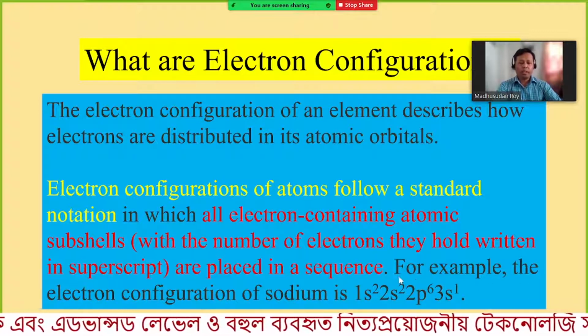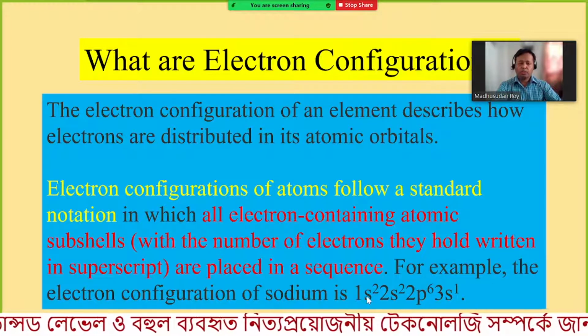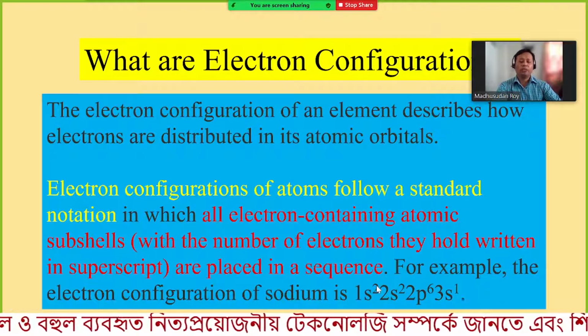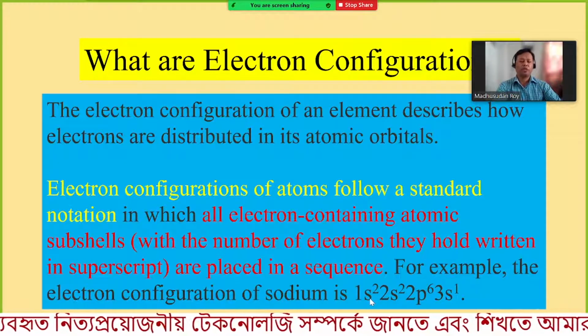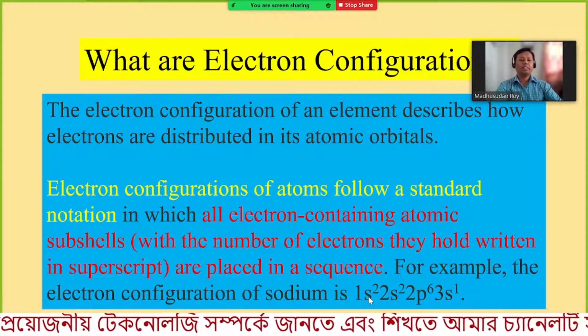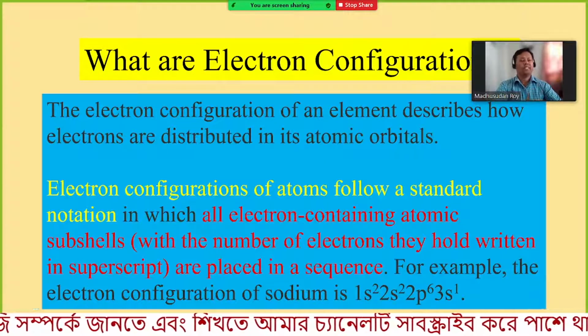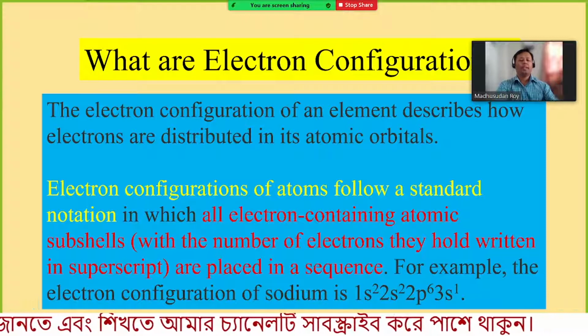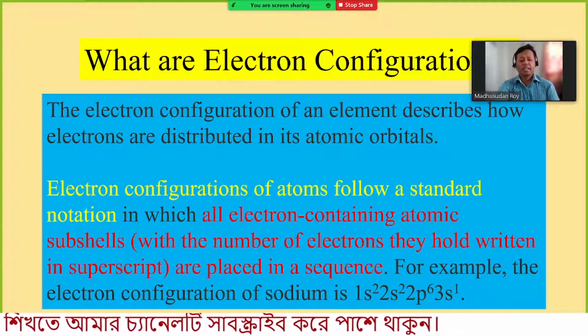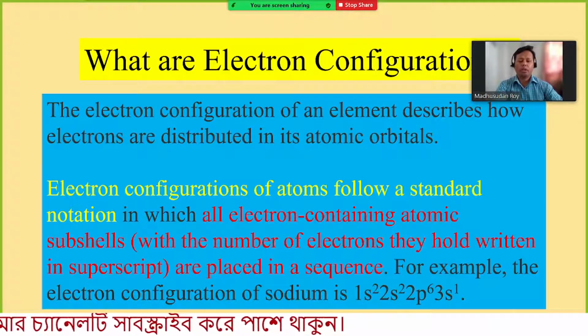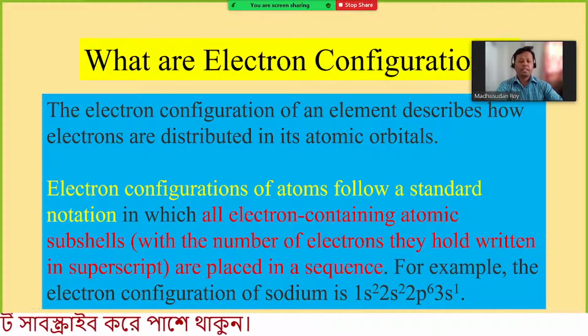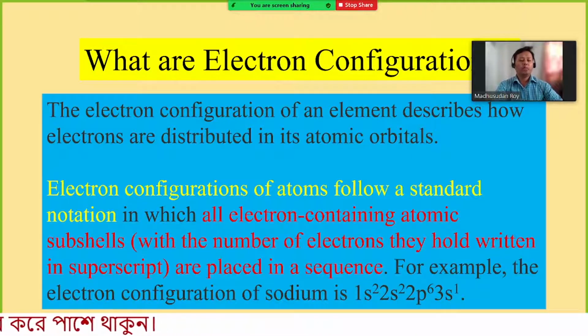For example, this is the 1s. In the first shell we have 2 electrons, or first subshell also, because 1s has only one subshell. First shell or first subshell, same. So in the first shell and first subshell we have only 2 electrons. In the second shell we have two subshells, one is 2s, another is 2p.